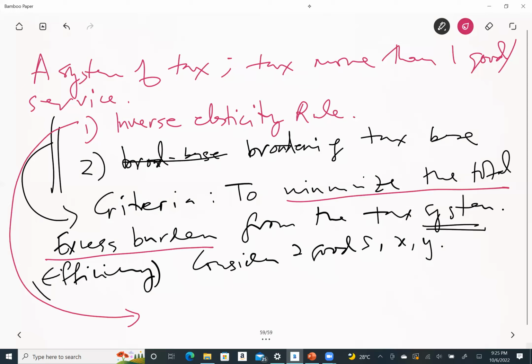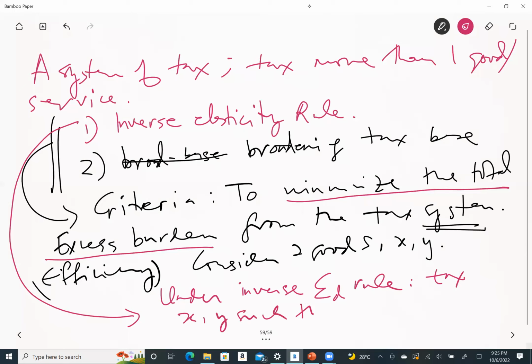Under the inverse elasticity of demand rule, you tax the two goods, X and Y, such that, okay, the condition would be here.